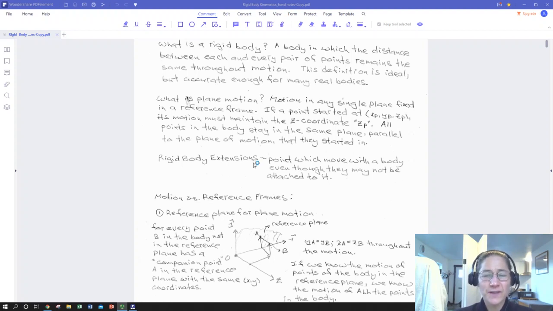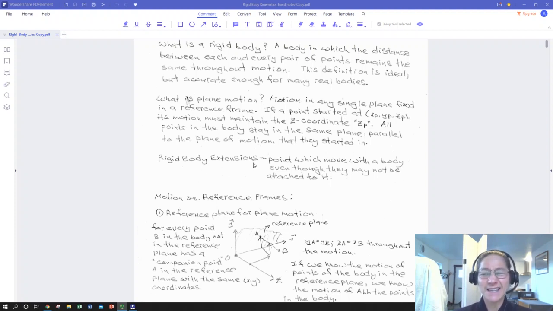Another concept that we'll think about is what's called rigid body extensions. These are points that move with the body as if they are part of the rigid body, so they maintain their position relative to all the points in the rigid body, except they're not actually physically located on it. The one that we'll use the most is the center axis of a pipe, a hollow cylinder. It's the center of mass if the density of the cylinder is uniform.